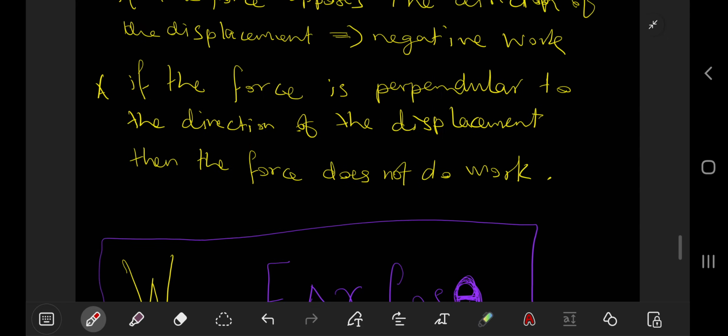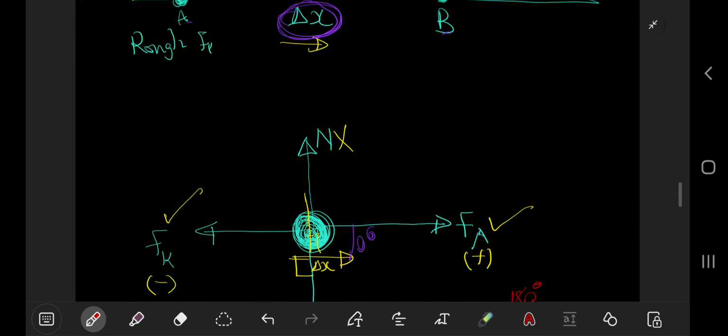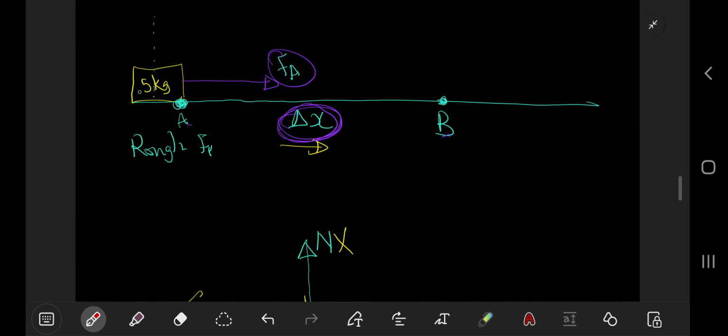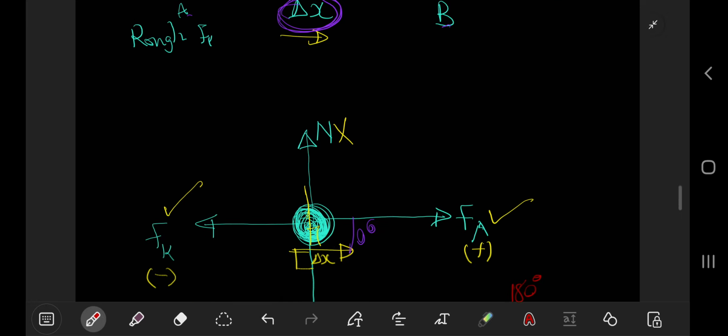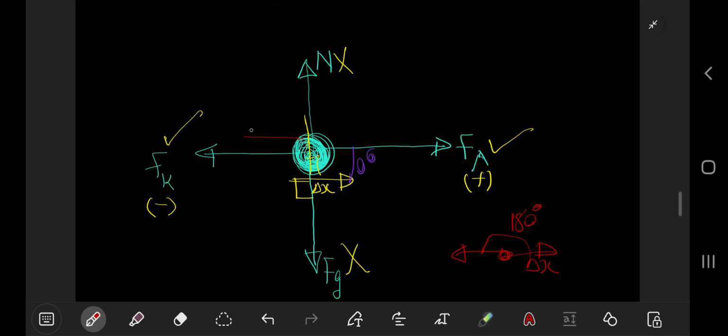Now it's important to know that it's not always that your applied force does positive work. It's possible that your applied force is applied to the left. So let's say there's another applied force pointing to the left, and one pointing to the right. The applied force pointing to the left does work because it's parallel to the direction of motion, since the object moved from point A to point B. It acts in the same direction as your friction, if we add it on the free body diagram.